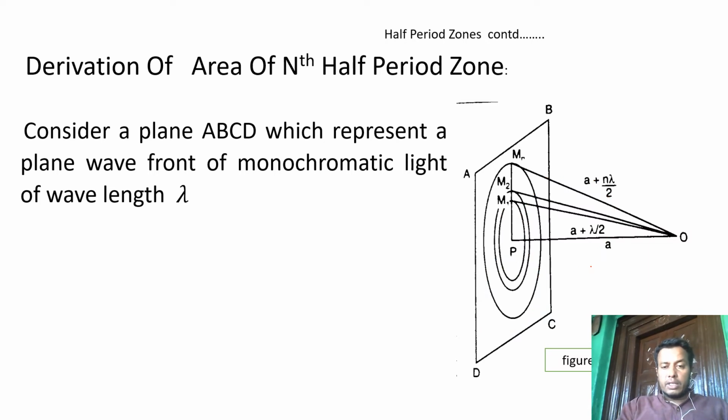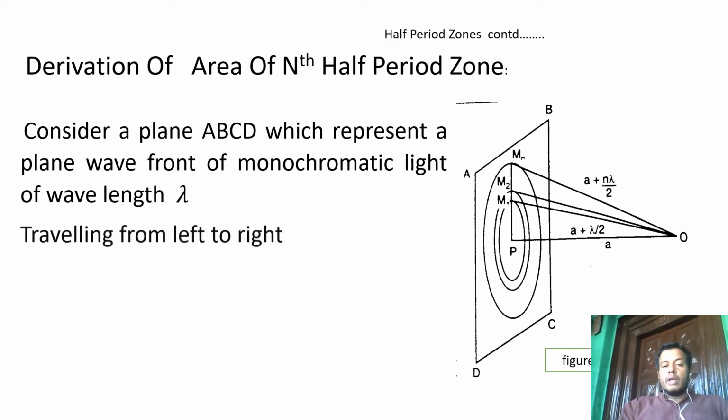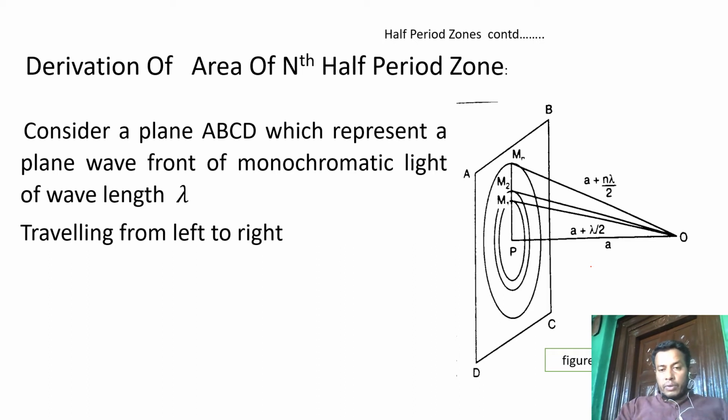After hitting this zone plate, the resultant effect will be seen at O. So you must know that the light comes from left to right of this picture, is incident here, and then is consolidated and seen here.